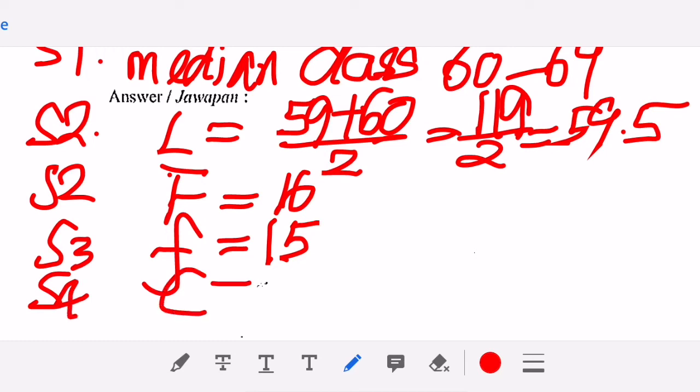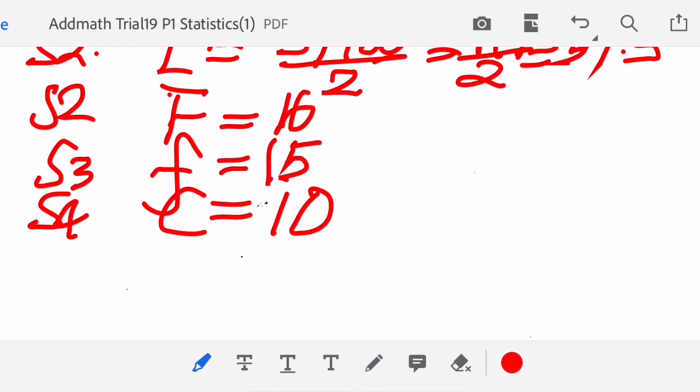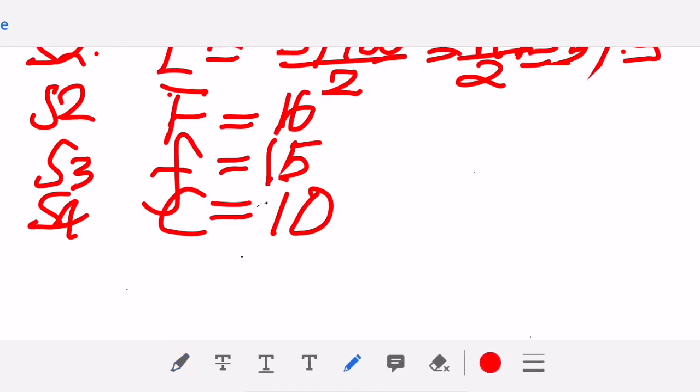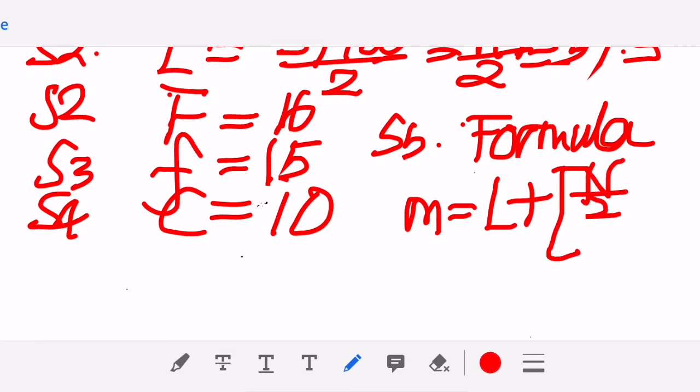The C is of course the class size. Now you just substitute into the formula to get the answer for the given K. The formula is M equals L plus N over 2, minus big F, over small f, times C.